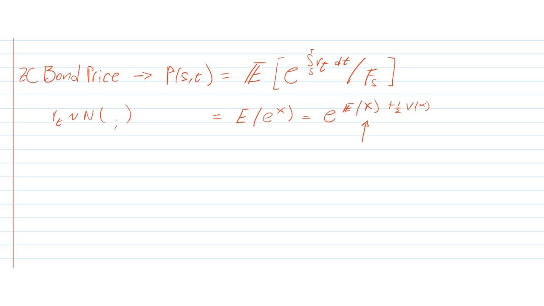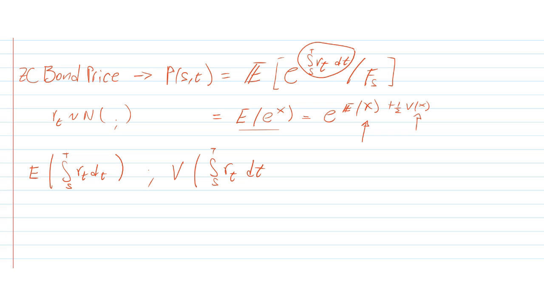This means to get the zero coupon bond price, we just need to know the expectation of this object and the variance of the same object. What we need now is the expectation of the integral. It's not the same expectation that we had before, so we need the expectation of the integral and then also the variance of the integral. So we'll need to get r_T, calculate the integral, and then take the expectation and then the variance.